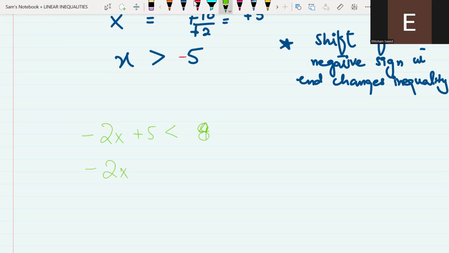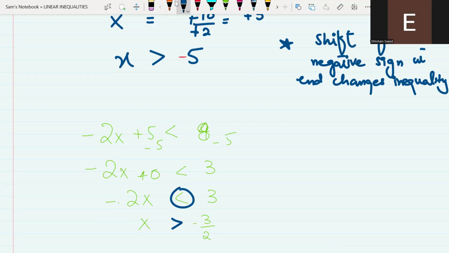Minus 2x plus 5, then you add minus 5 on both sides, so this will be 0. So this is 3. Minus 2x is less than 3. X is now, this minus 2 will move to the other side. This will be minus 3 over 2. So here I told you when the negative sign moves, this inequality changes. Because it was less than, now it has been changed into the greater than sign.